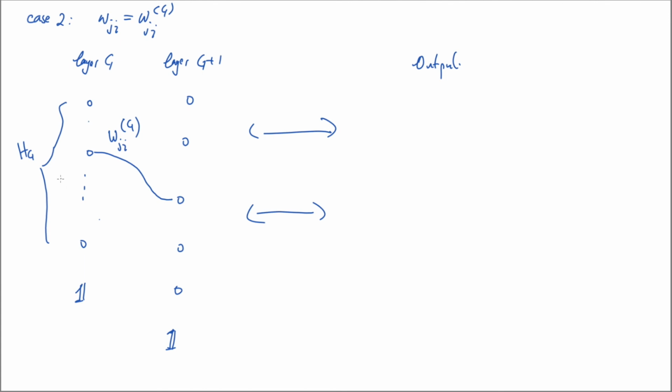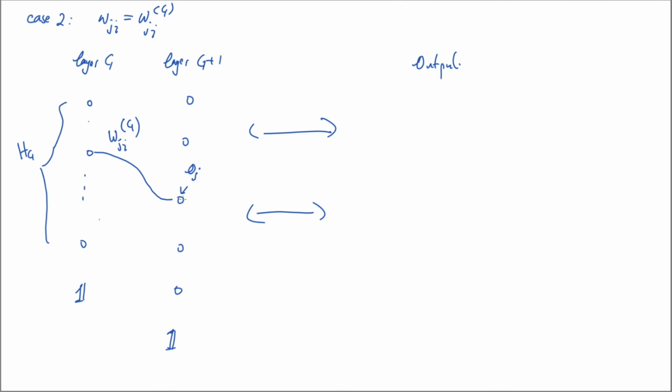Okay, and in order to be able to describe this derivative, let's just make sure we define a few variables. So what happens here? This is OJ, right? Wji, J means the node in the next layer it's connected to.